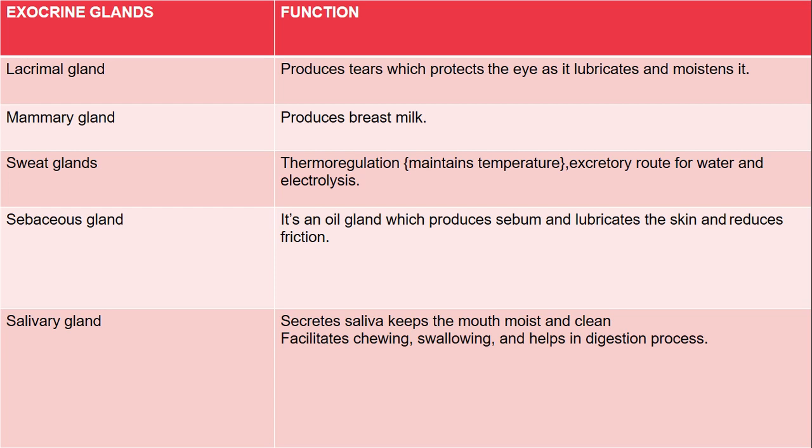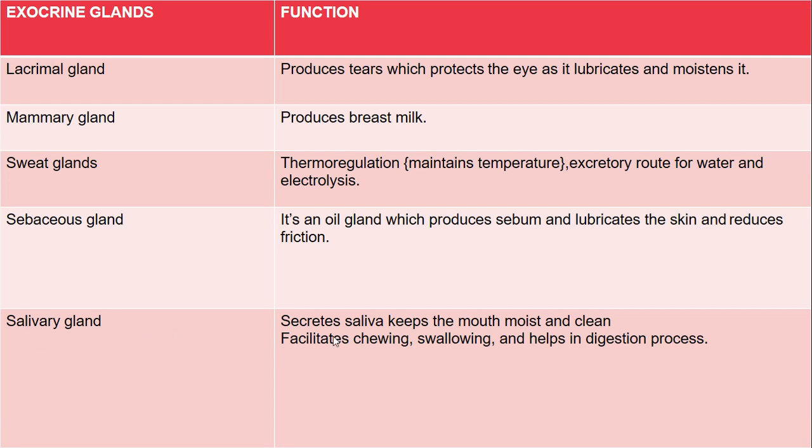So the skin will be very dry, and as you can see, it won't have that proper texture. So the sebaceous gland is the one which helps in lubricating the skin. It reduces friction. So that is the main thing.